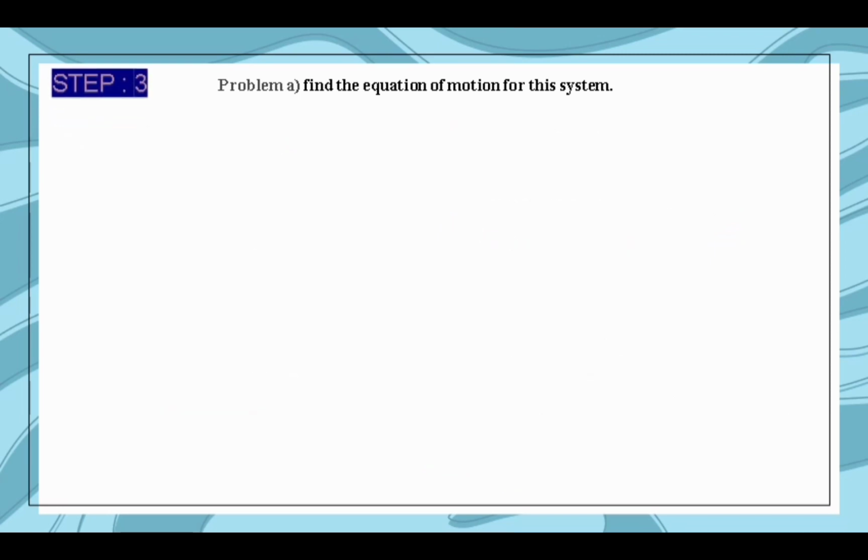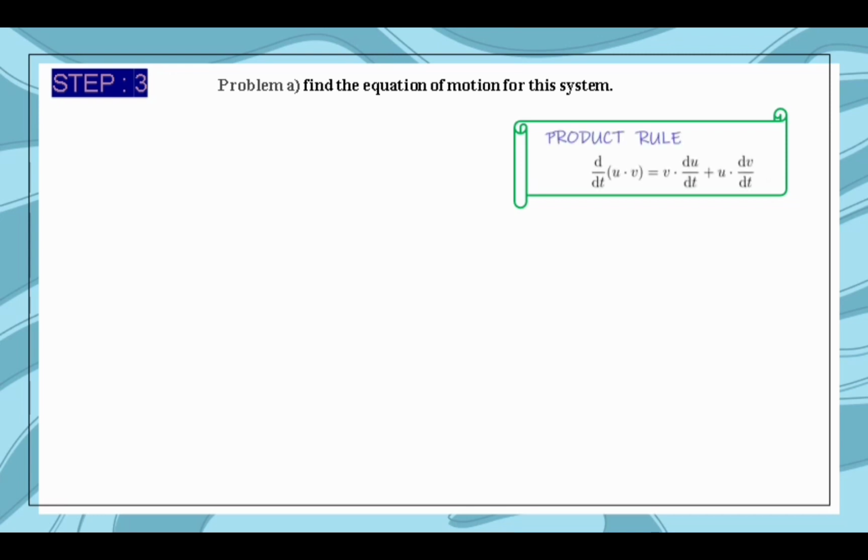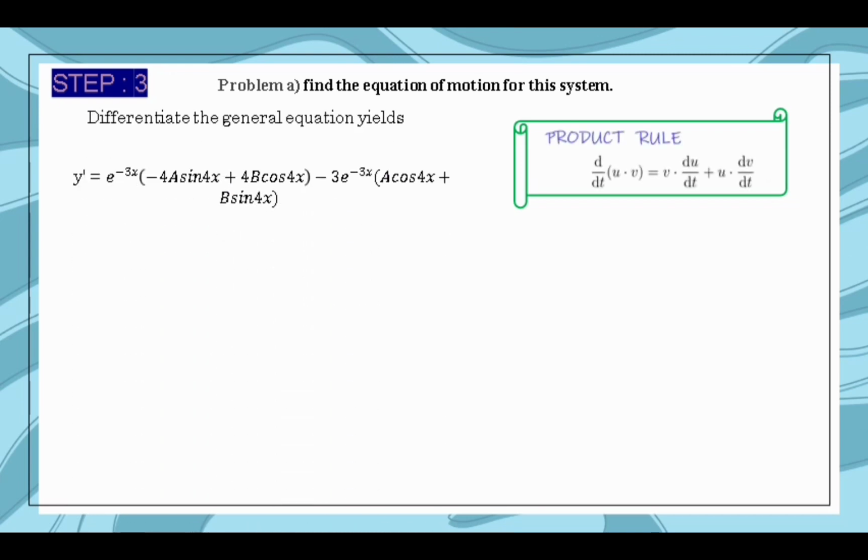Next, to find the specific solution, we need to first differentiate the equation by using the product rule. And we will get y prime equals e to the power of negative 3x times (negative 4a sin 4x plus 4b cos 4x) minus 3 e to the power of negative 3x times (a cos 4x plus b sin 4x). Then applying the initial condition where y equals 0.3 when x equals 0, we will get a equals 0.3.